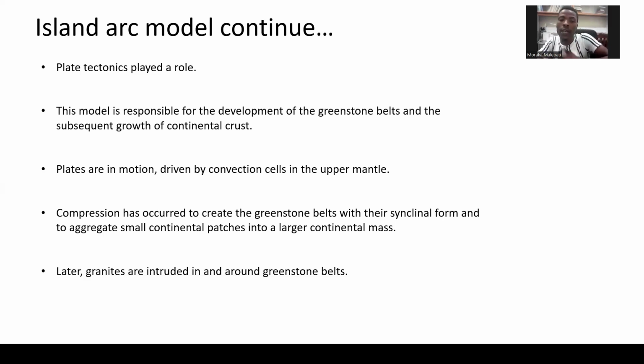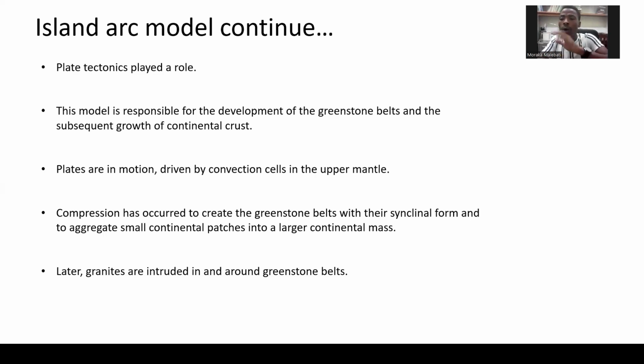Now, compression has occurred to create the greenstone belts with their synclinal form and to aggregate small continental patches into a larger continental mass, which is why I'm saying that to form some supercontinents, we needed the effect of plate tectonics to make sure that the microcontinents, which were formed when island arcs were colliding, must also collide, and then make sure that we have larger land masses, what we call the supercontinents.